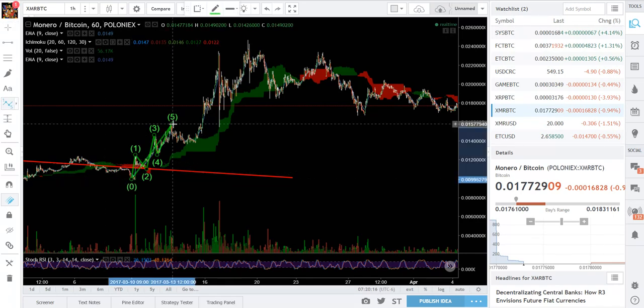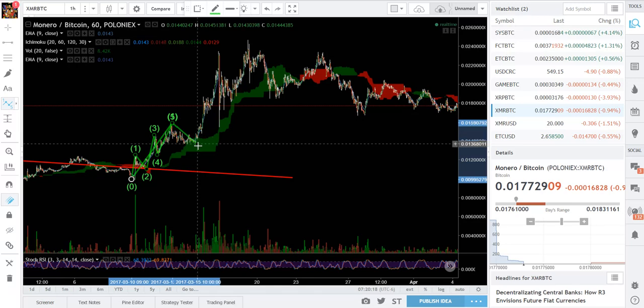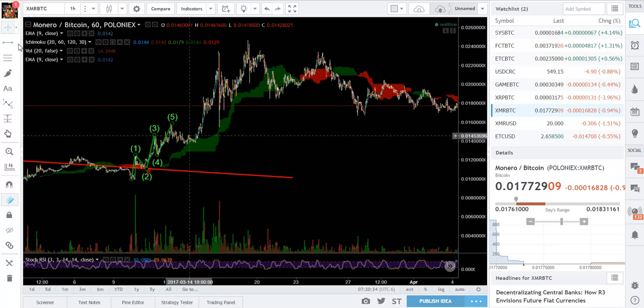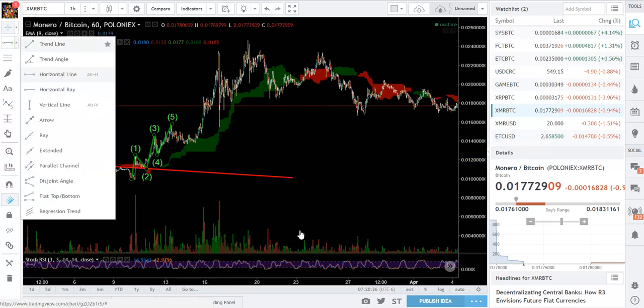This is basically all just a 1 and a 2, except this 2 wave was flat. It was only a 38% retracement, and when you have a 38% retracement wave, it usually leads into a flag or a pennant, like a very shallow retrace. So that's all that a flag or a pennant is when you see it in the market.